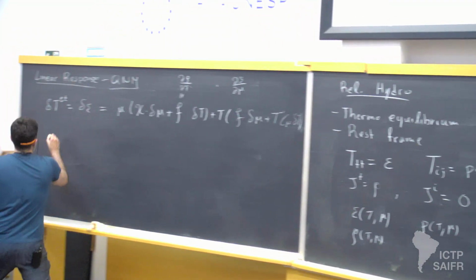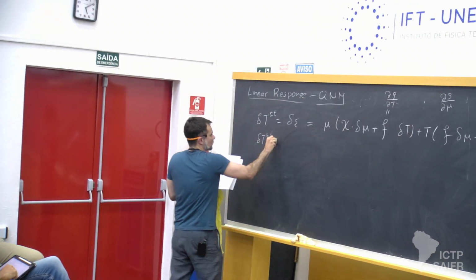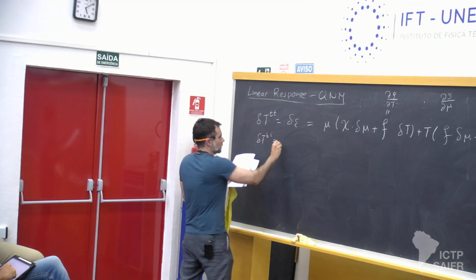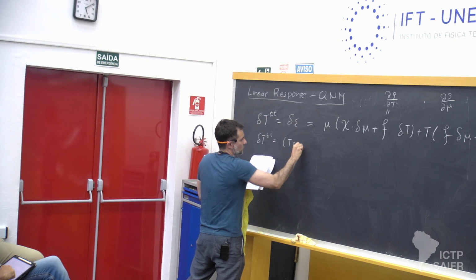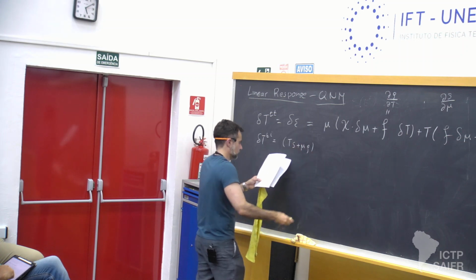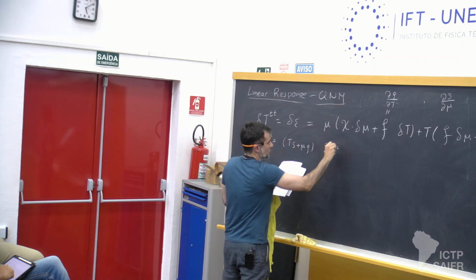Now you can do the same thing for the T^{ti} component of the stress tensor, and you will find (Ts plus mu rho) times delta u^i.